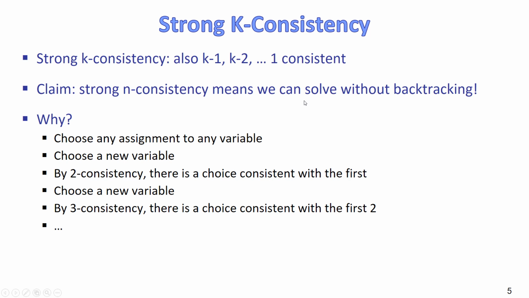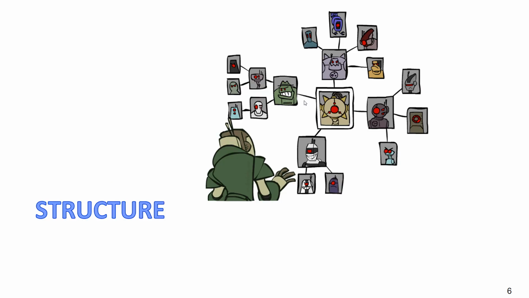And it might be at the same cost of finding a solution with other methods. So it's very expensive to make sure that the graph is strongly consistent. Doing that computation, it might be even more efficient to do it in other ways. But theoretically, if the graph is strongly consistent, then we don't need backtracking. So this is just extending the notion of arc consistency to K consistency.